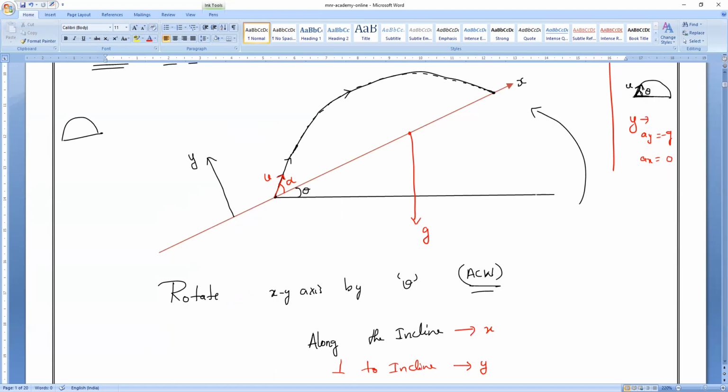I am just rotating the surface by theta degrees: along the incline is the x-axis and perpendicular to the incline is the y-axis. If you want, you can draw this here also. This is y and this is x-axis. Is it okay? Everybody clear? Understood?